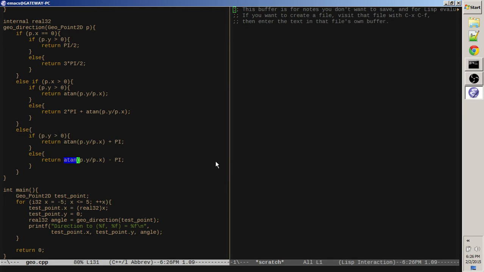Because y is less than 0, too, we want it to come down here and be more than pi at that point, but less than 3 pi over 2. So right now what it's doing is it's actually giving us a positive in this direction. So if we add pi, we should get what we want there as well. So that's good. That means we can reduce this case down to just this.